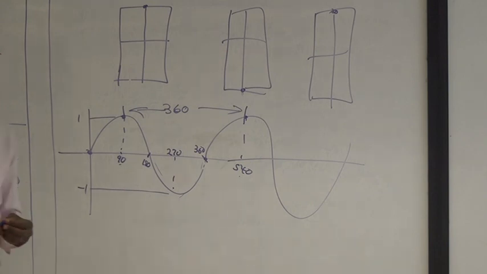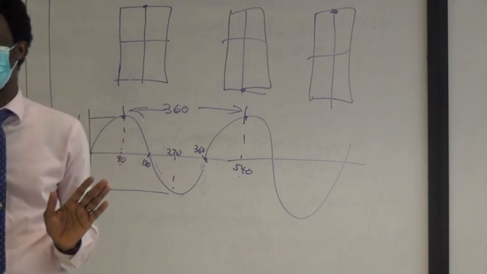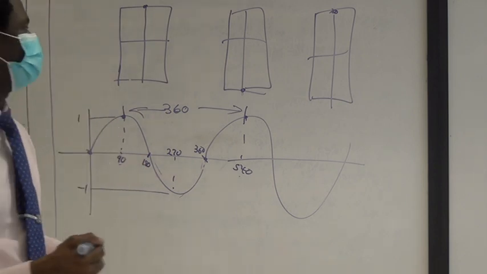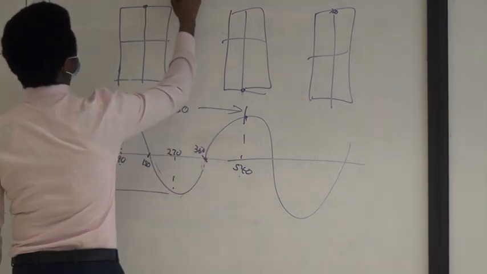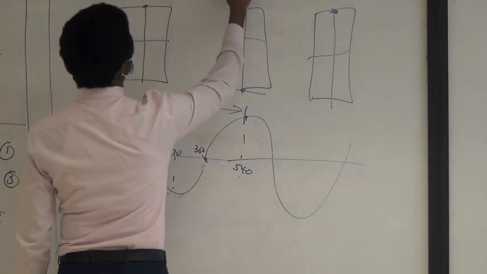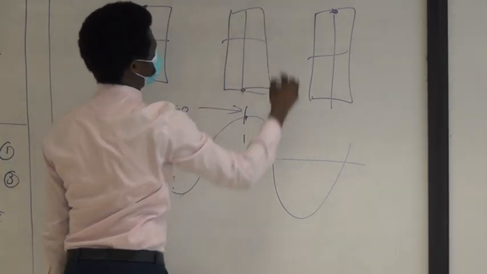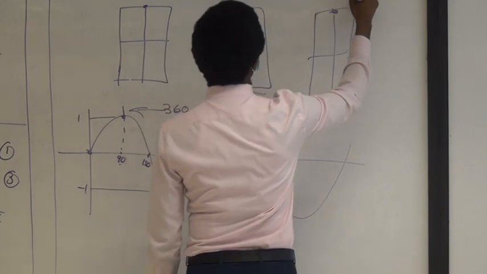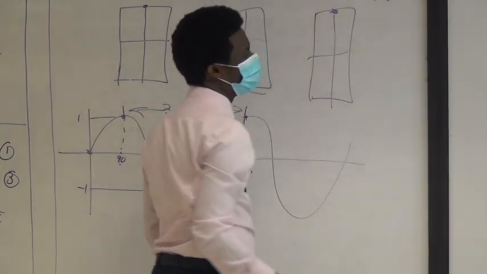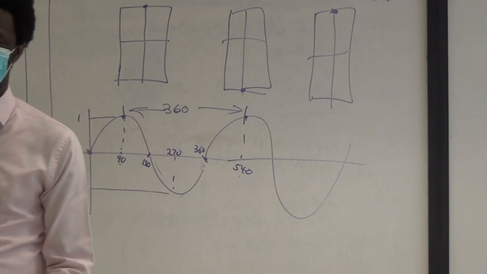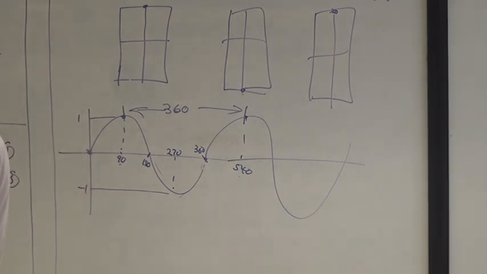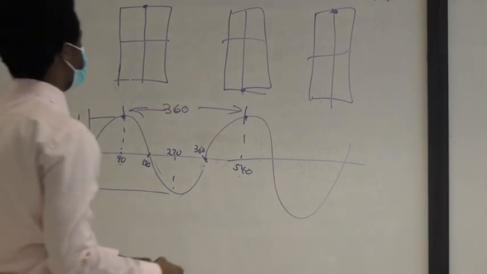So check this. Everybody bring out your calculator. Pick any number of your choice. Press sine of 360 plus that number you put. Then check the result with sine of the number alone and tell me if you get the same thing. Did you get the same thing? But that's not all.